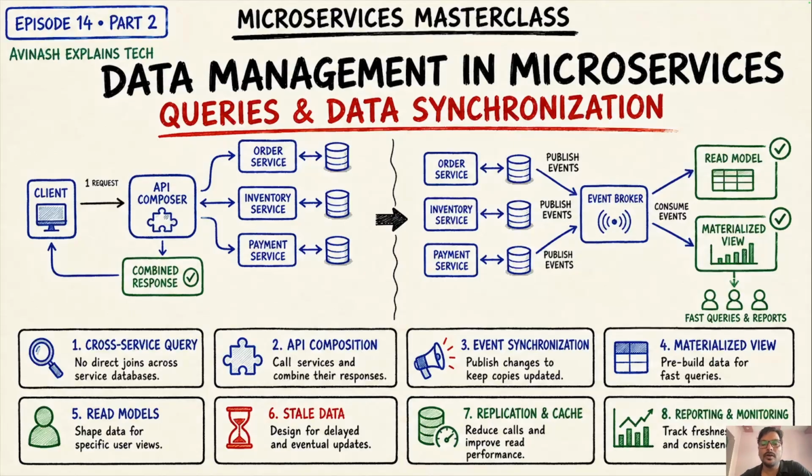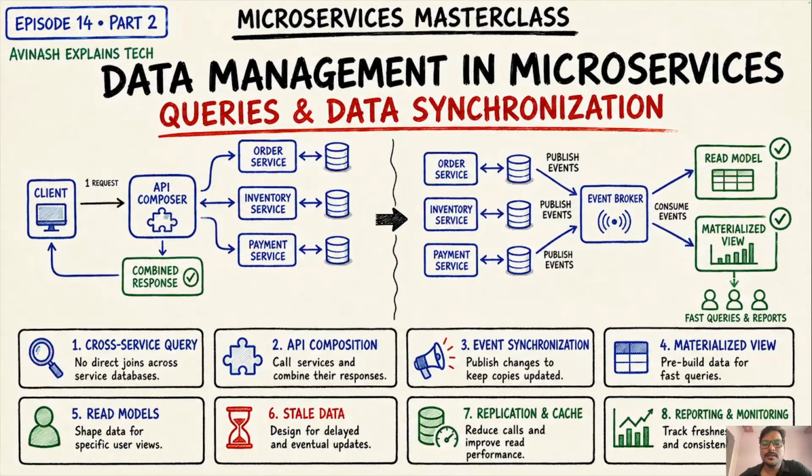Stale data is not always a system failure. It can be an expected temporary state in an asynchronous architecture. And the important question is, how much delay can the business accept? For an analytic dashboard, a delay of a minute may be acceptable. For an order status page, a few seconds may be acceptable, but for financial and security decisions, the latest information may be required immediately.